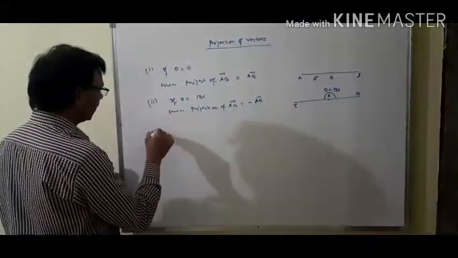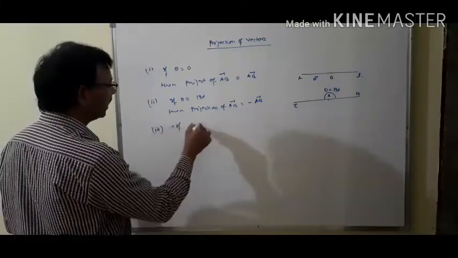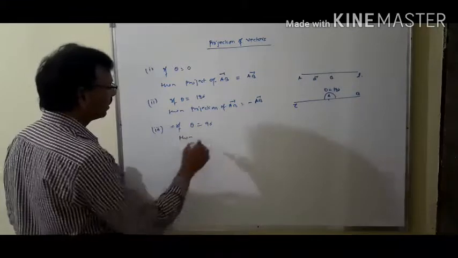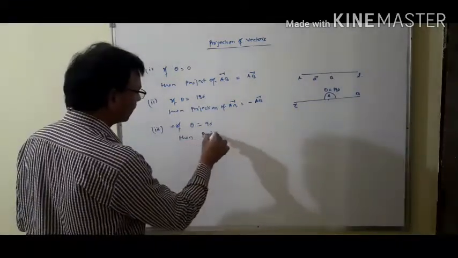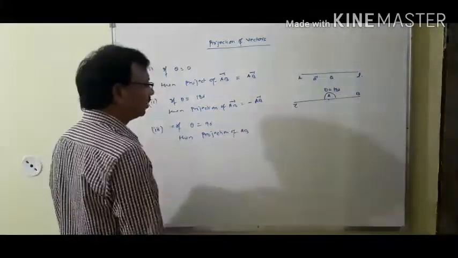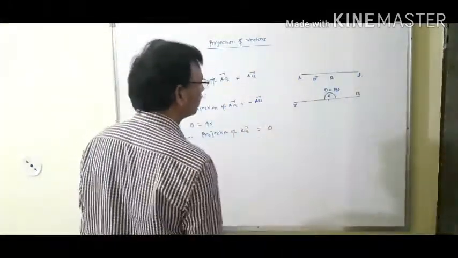In the third, if theta equals 90 degree, then projection of AB is equal to 0.